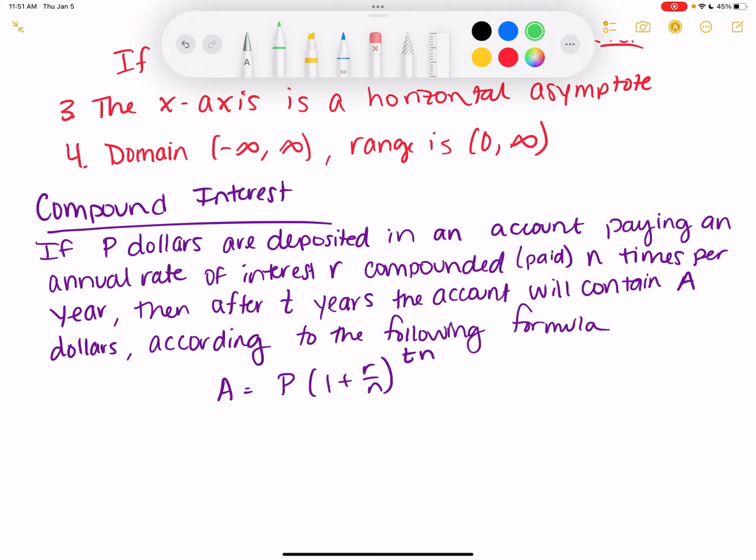All right, does anybody know what the number e is? Like the value. No, doesn't it mean like extra or something? No, like it's actually a number. It's like pi. I have no idea.